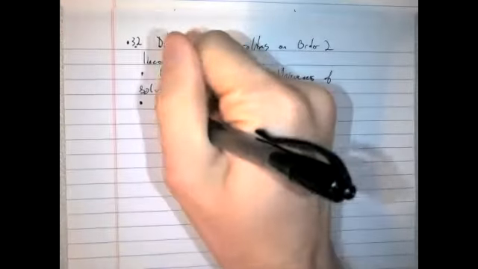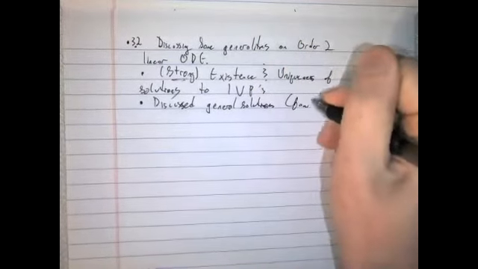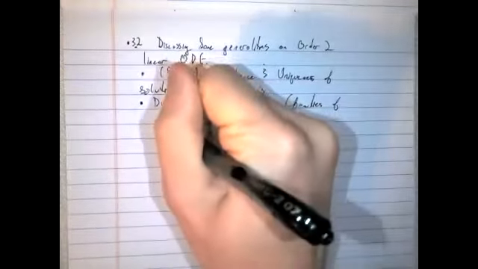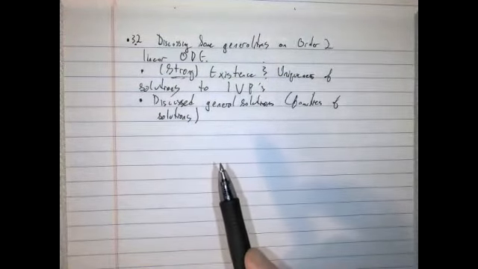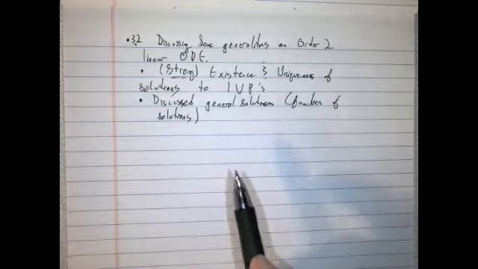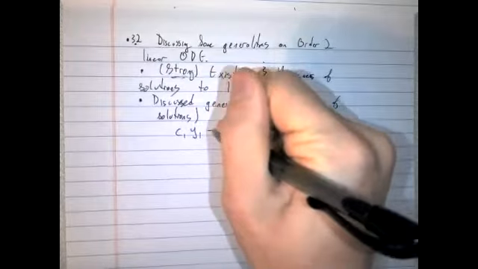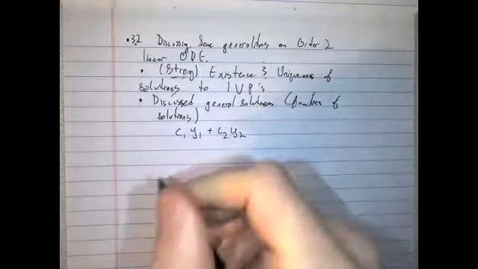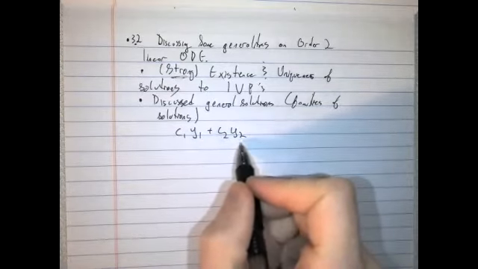Then we discussed general solutions, or families of solutions. In particular, if you're given a family of solutions, something like C1 y1 plus C2 y2, I can think of this as a family of solutions to a differential equation if y1 is a solution and y2 is a solution.